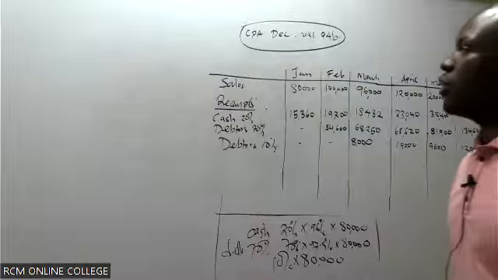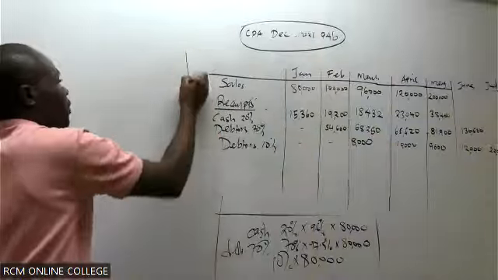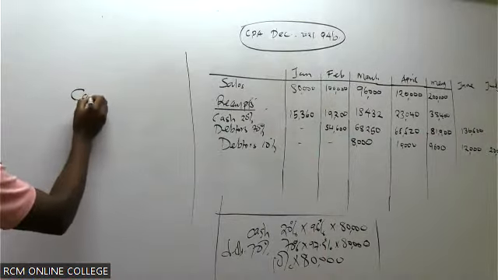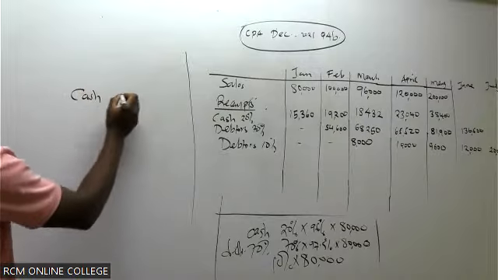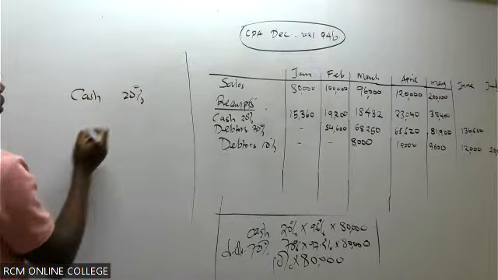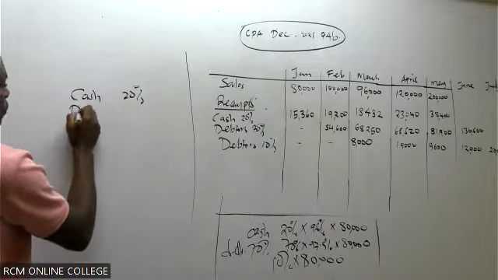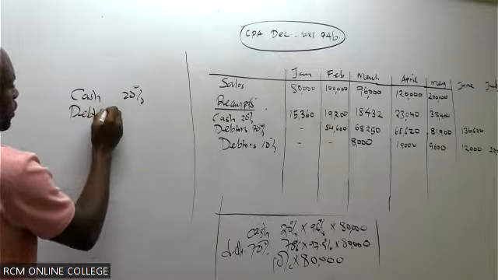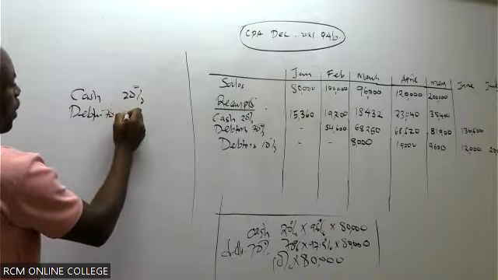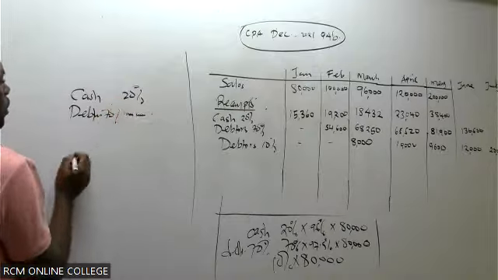Hapa kwa question, mtu aoni hiyo 10% nimetoa wapi? Cash. Wenye wanalipa cash ni 20%. Wenye wanalipa in 2-month installment, debtors 70%, 1 month installment.